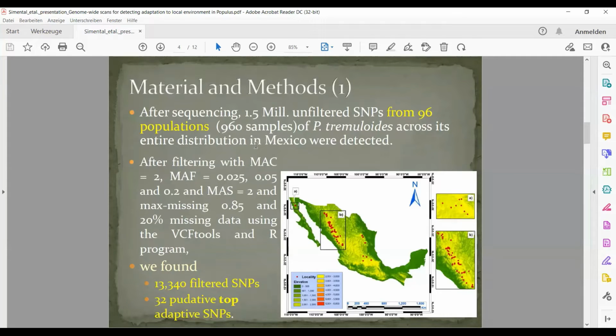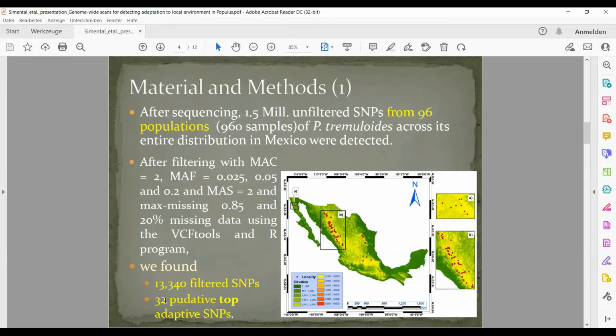Well, so we filtered these 1.5 million SNPs with some filters, with MEC, with MAF, with MAS, and we found 33,000 filtered SNPs that were present in all of these filters, and 32 putative top adaptive SNPs.